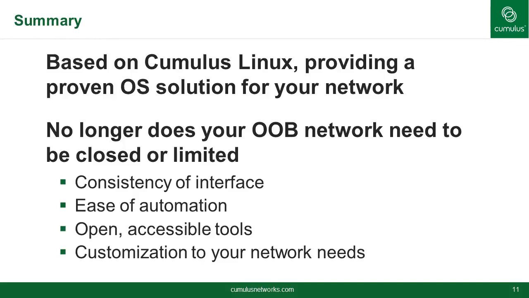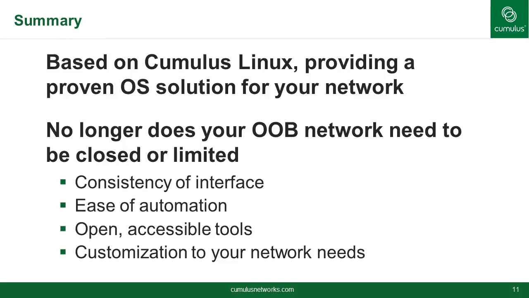With Cumulus Linux, this provides you a proven network OS. Cumulus Linux has been running on more than 1 million ports all over the world in large-scale and small-scale data centers. Cumulus RMP is directly derived from that version of Linux and just allows you to have the same sort of tools and accessibility that you have in your production environment now in your out-of-band network.